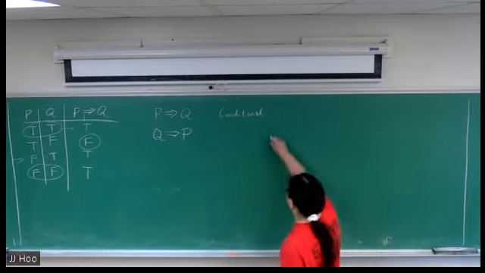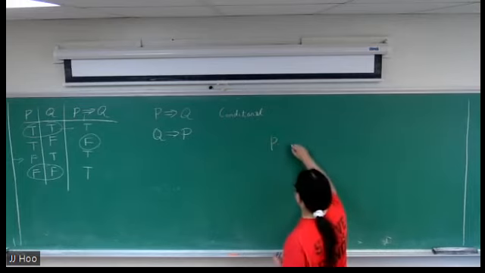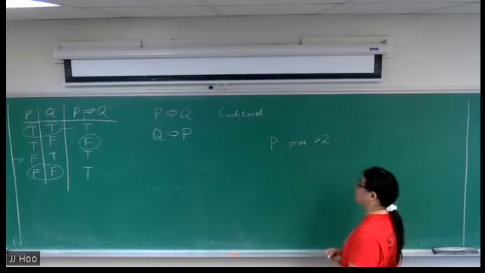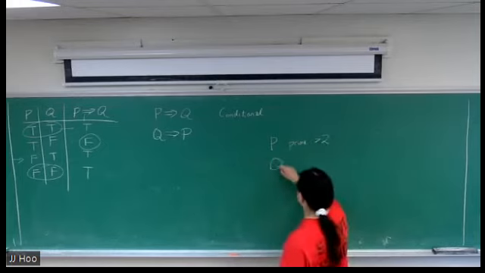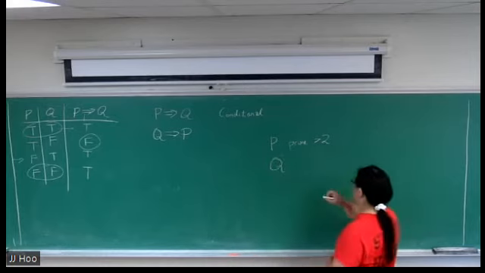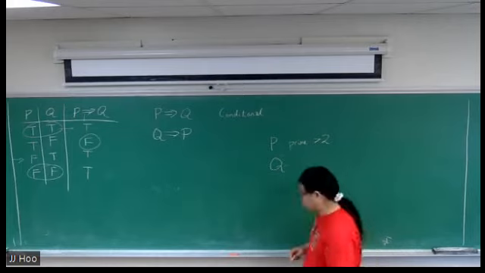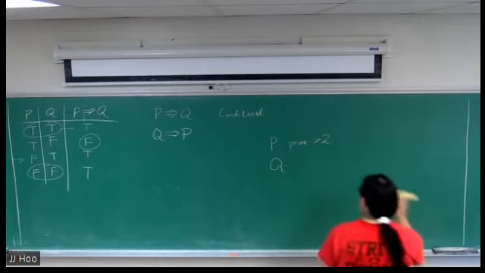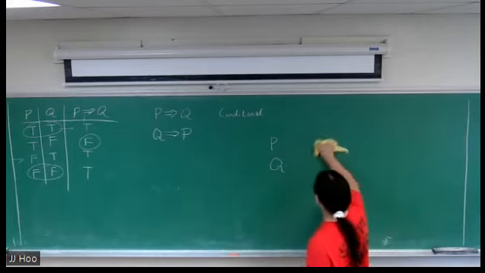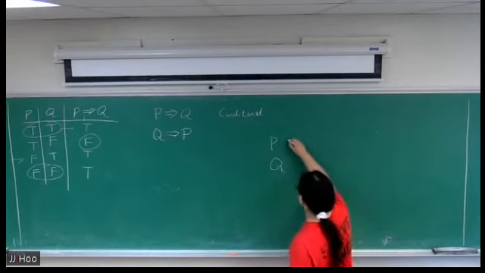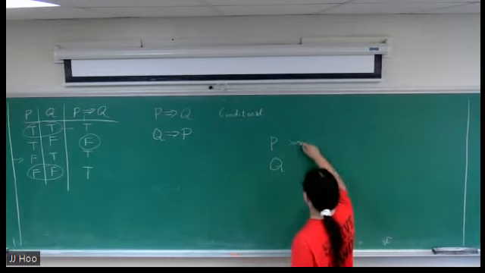So let's give an example: let P be a prime number that's greater than 2. Oh, sorry, this is not a statement. Let's rewrite this as a statement. So some number, let's call it x.